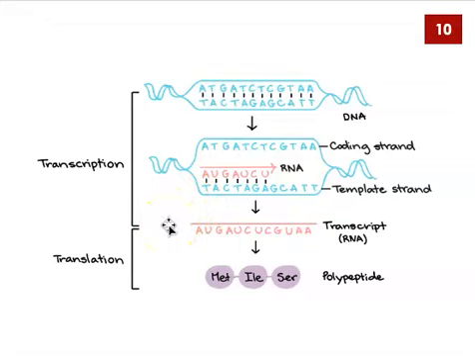Now, remember how a cell evaluates this. The ribosome is going to bind to this RNA molecule, this messenger RNA, and it's going to read it in groups of 3 bases. So it's going to read AUG as the first codon, the first group of 3 bases.